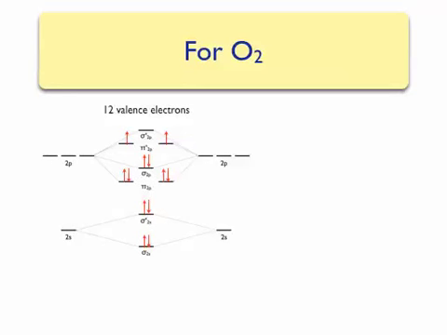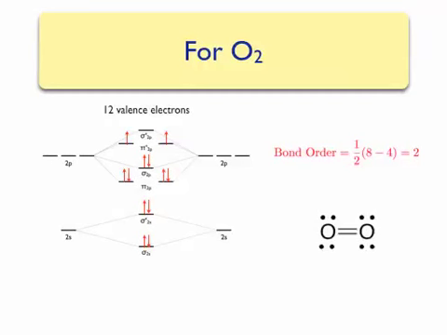This is in accordance with Hund's rule, which states that we singly occupy orbitals of the same energy before pairing them up. The bond order will decrease from that of nitrogen, since we are now adding 2 more electrons in the pi star orbital, an antibonding orbital. This results in a reduction of bond order from 3 to 2.